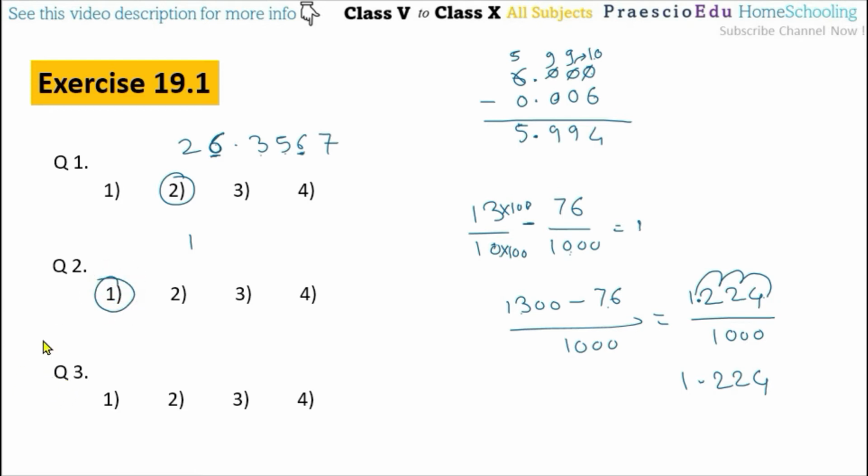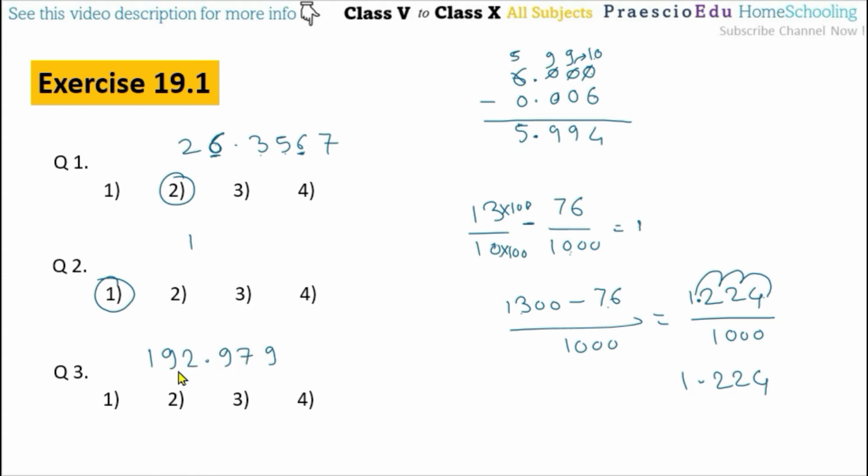Now question number 3: what is the sum of the place values of the digit 9 in the number 192.979? So we have to find the sum of the values.